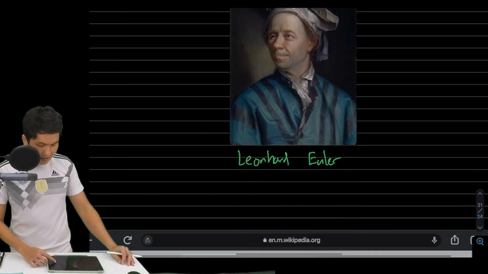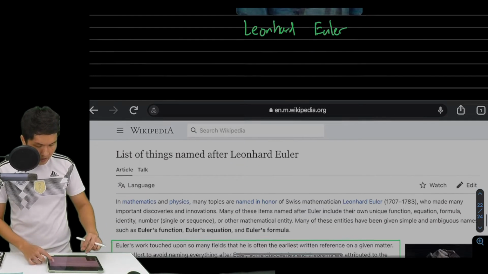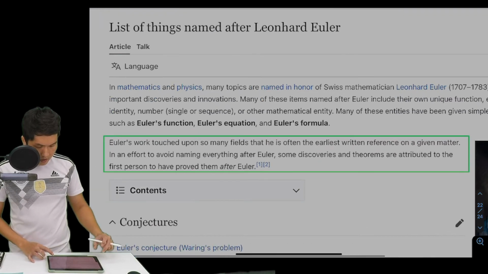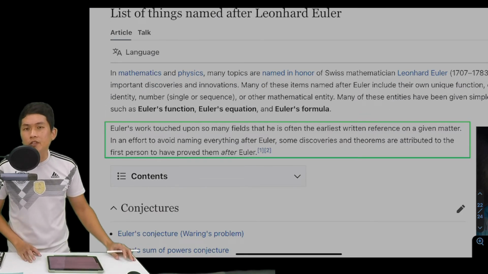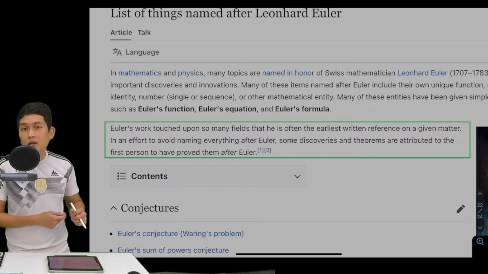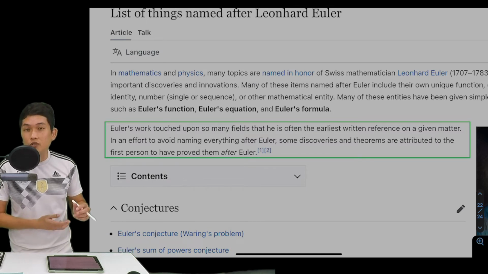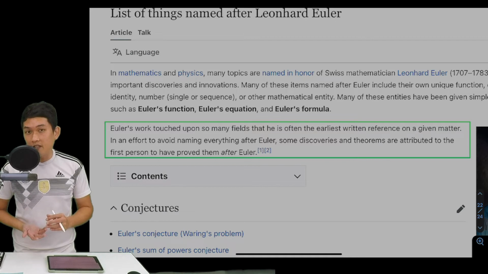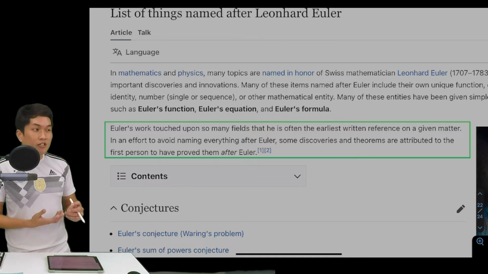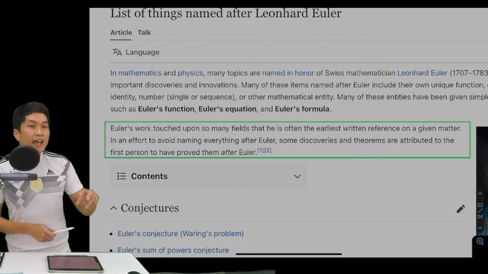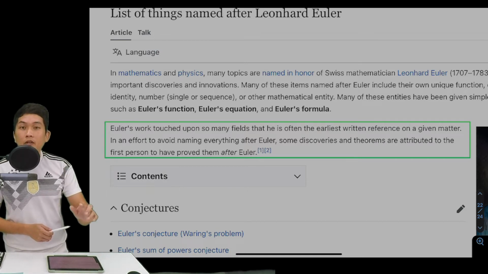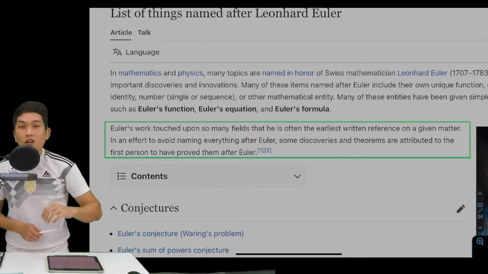Here's an excerpt from Wikipedia, and I just want to show you this part in green. It says that Euler's work has touched upon so many fields in mathematics that if you were to look up the earliest reference to anything, you will probably find his name. So imagine a scenario where you just made a mathematical discovery that any map that you draw on a piece of paper can be colored using only 4 colors.